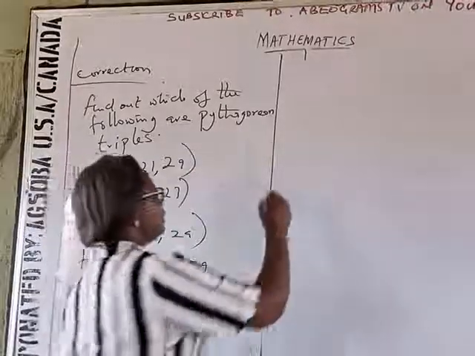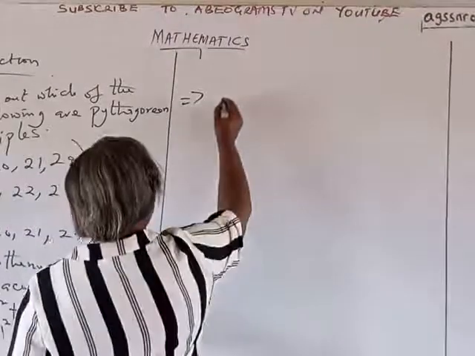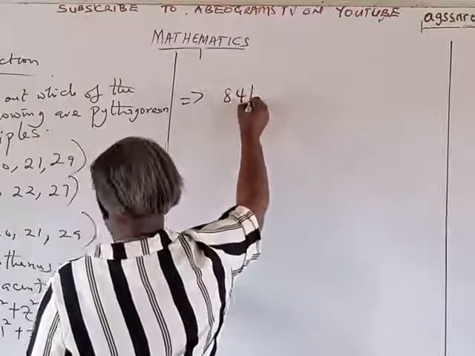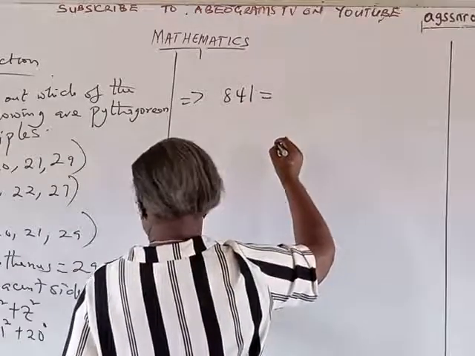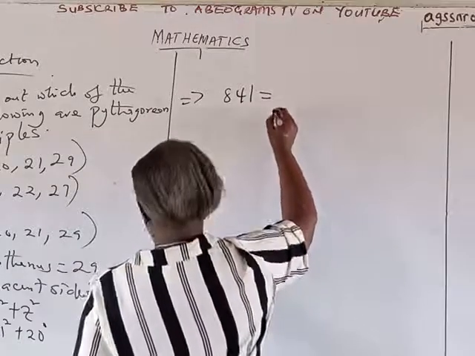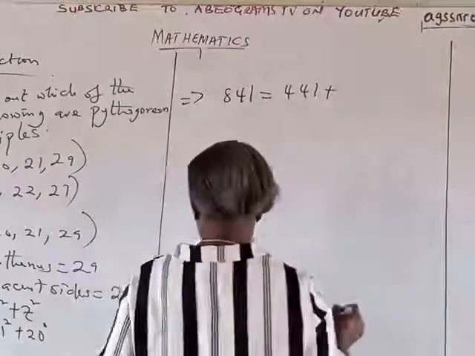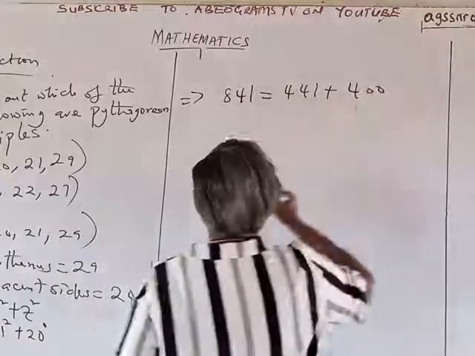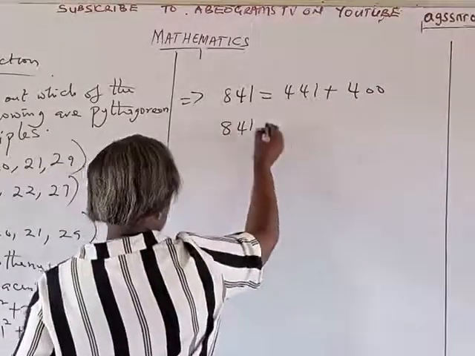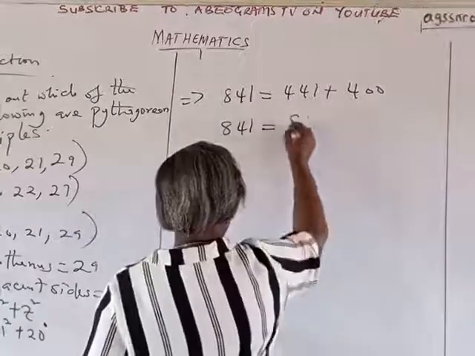So our 29 squared, which means 29 times 29, gives us 841, equals our 21 squared, 21 times 21, that gives us 441, then plus our 20 squared, that is 400. So 441 plus 400 gives us 841.